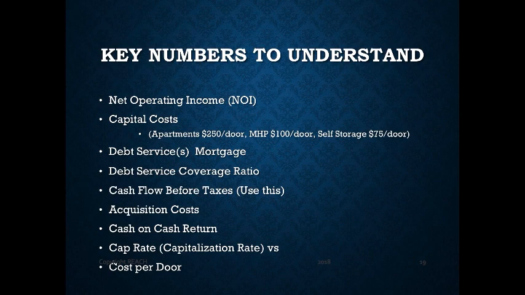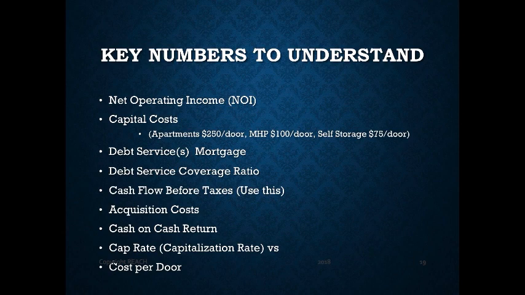Well, I want to tell you it could be, but it well may not be. The reason is that what's behind that cost per door, you don't know what any of the net operating incomes are for property A, B, or C. So the property that got $42,000 cost per door, their net operating income was maybe 10% higher or 10% lower.